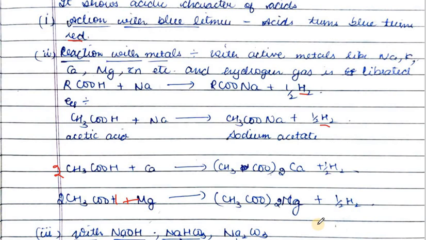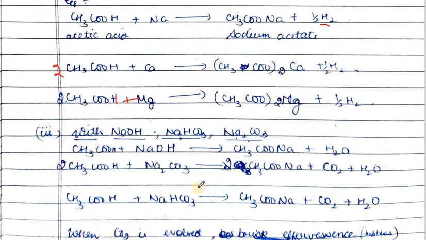And next are the reactions with sodium hydroxide, sodium bicarbonate, and sodium carbonate. In all of these, only hydrogen is replaced, which again indicates the acidic character of carboxylic acids. With sodium hydroxide, it gives sodium acetate plus water. With sodium carbonate, the side products are carbon dioxide plus water, and with sodium bicarbonate also, the side products are carbon dioxide and water.